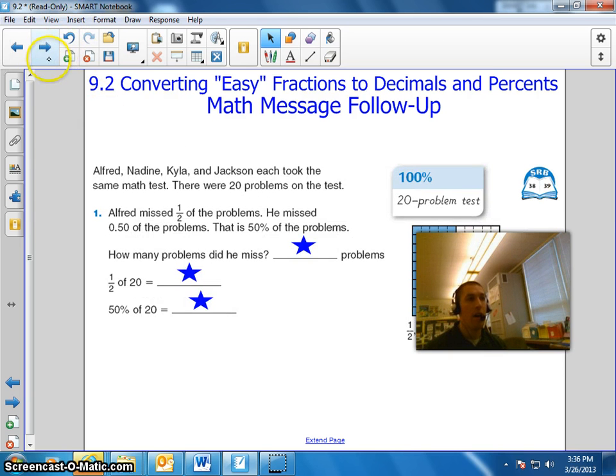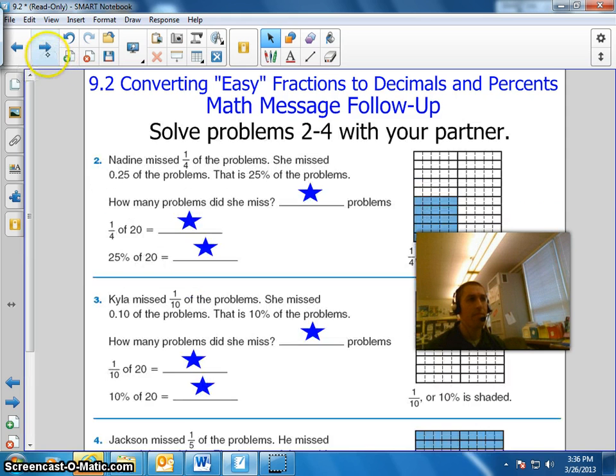Okay, this is the one we just did. So let's look at this one. Nadine missed 1/4 of the problems. She missed 25 hundredths of the problems, or 25%. You go here and you'll see that we marked off 25 different squares.